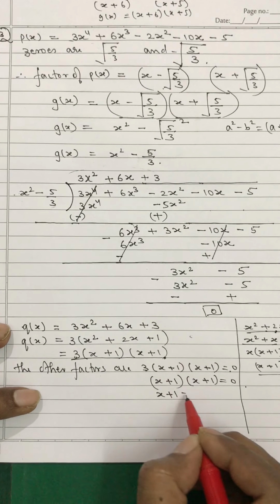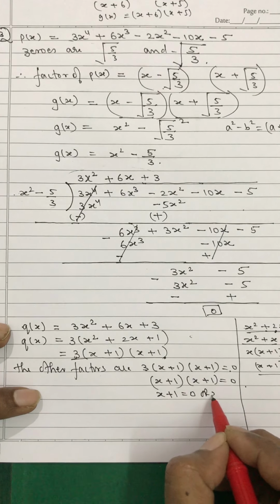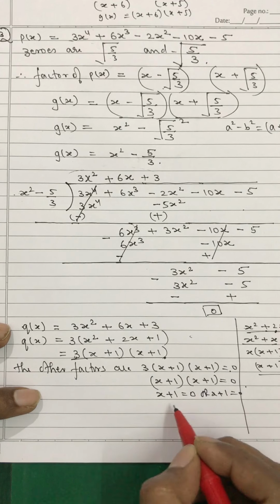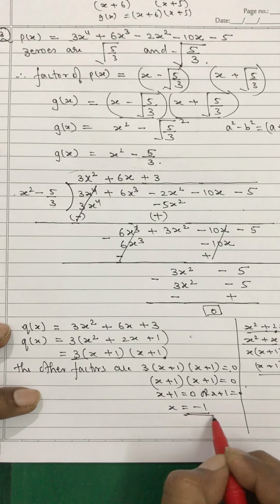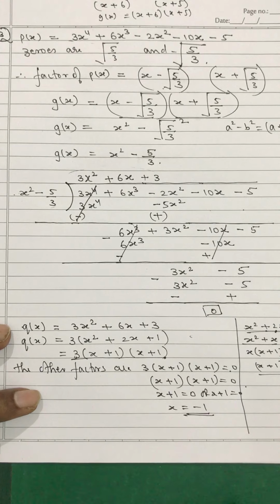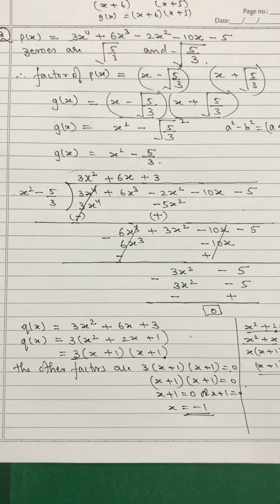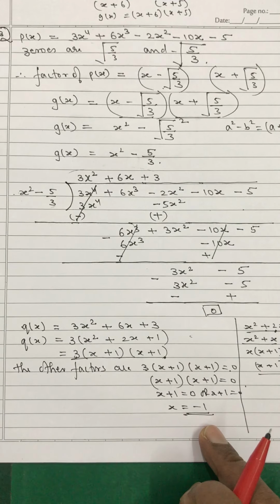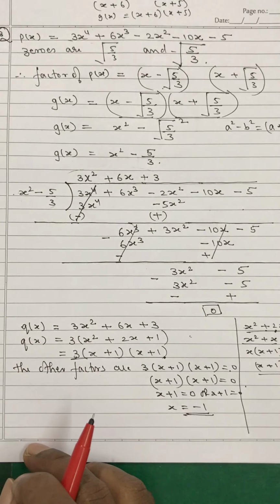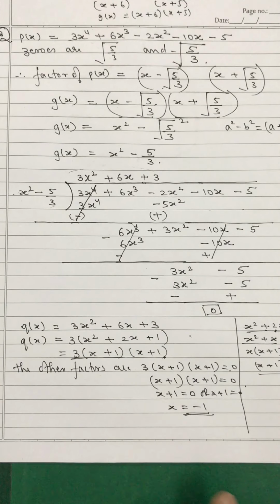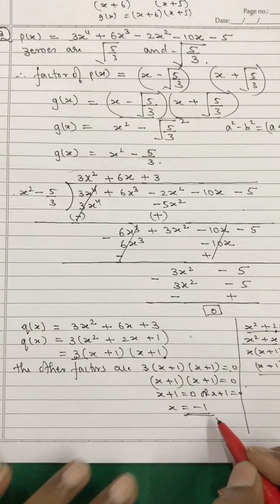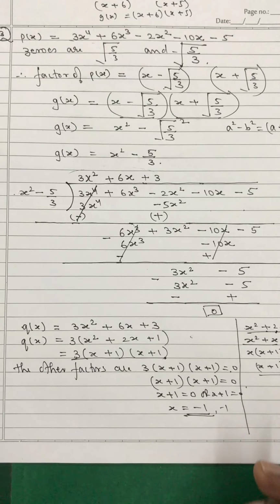Therefore x plus 1 has to be equal to 0, or x plus 1 has to be equal to 0. Both are basically x is equal to minus 1. This is the only one value you will have. The other factors are coming out of this. Therefore the other zero is minus 1. If you want, you can write both minus 1, but there is no meaning in writing it 2 times.